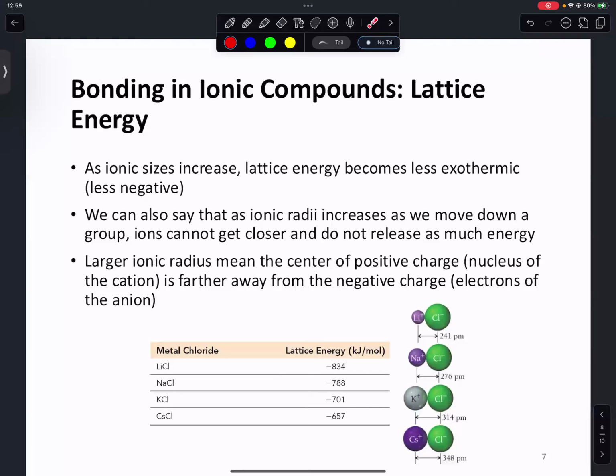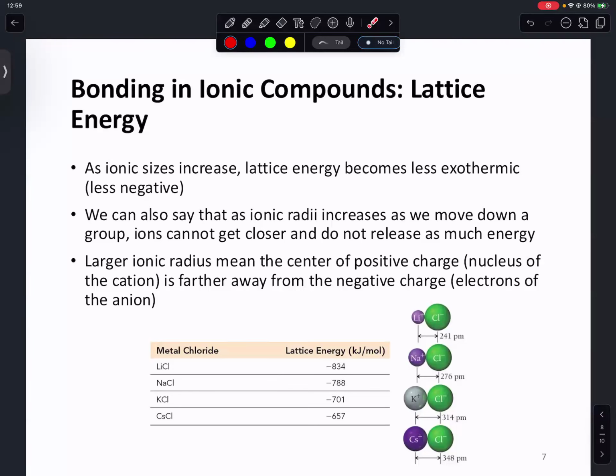Now let's also look at trends in lattice energy and how we can relate them back to the periodic table. Here are a series of compounds. Note that the cations are group 1 metal cations, and just for the purpose of illustration, the anion is left to be chloride.